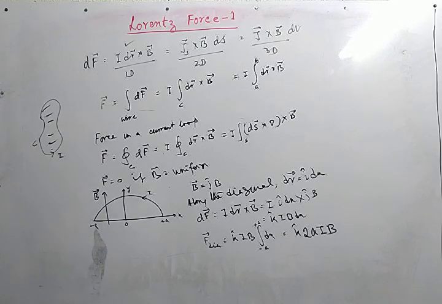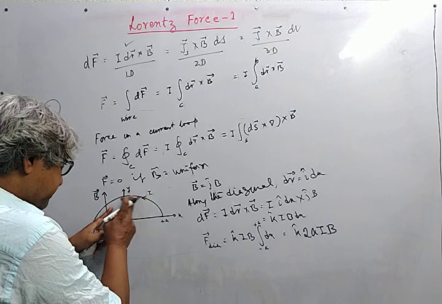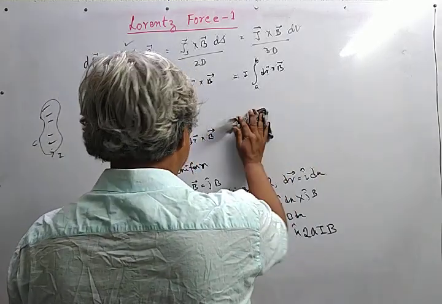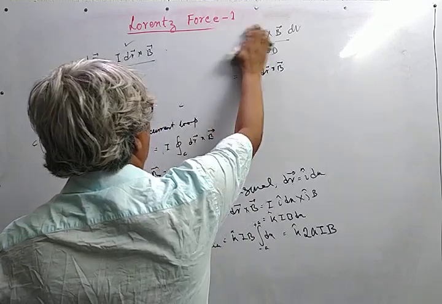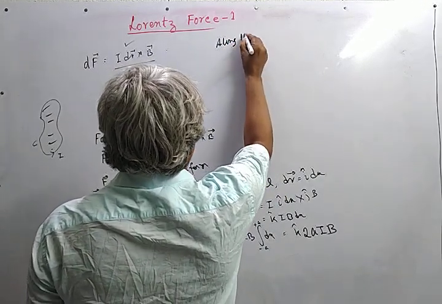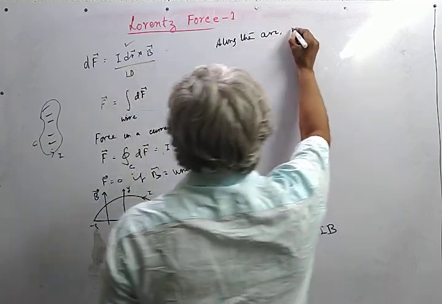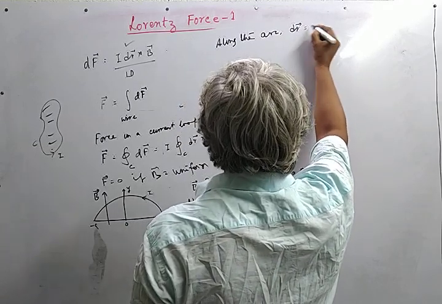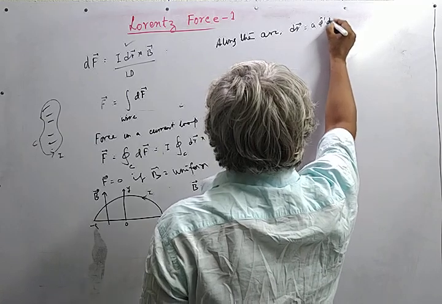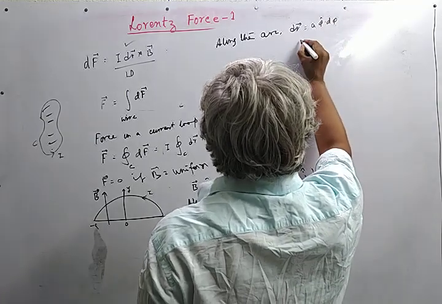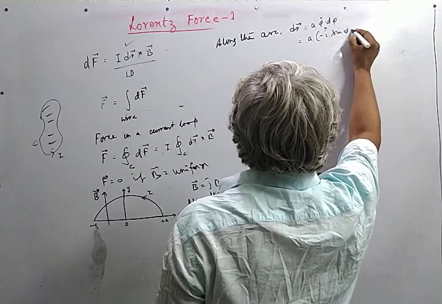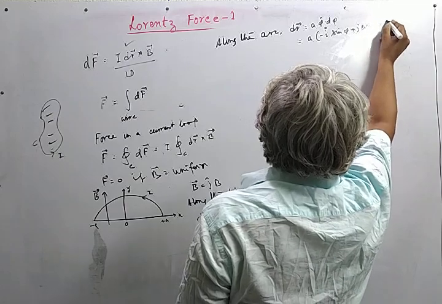And similarly, if we want to calculate the force on this arc, along the arc dr is equal to a d phi times minus i cap sin phi plus j cap cos phi.